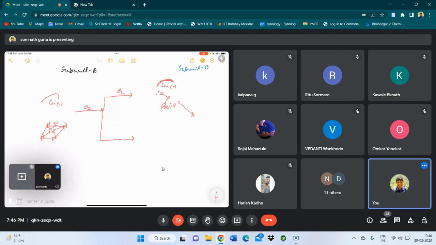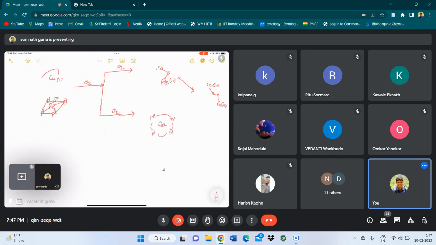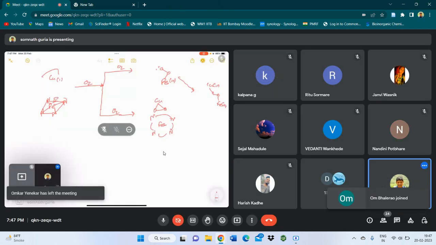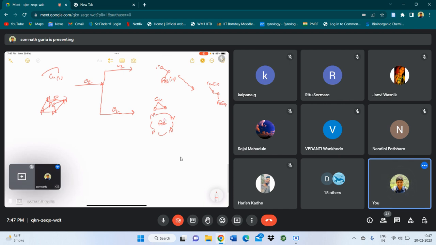Sorry, the drawing is very bad. Handwriting also very bad. Okay, so as a superoxo mode, and this iron becomes iron 2.